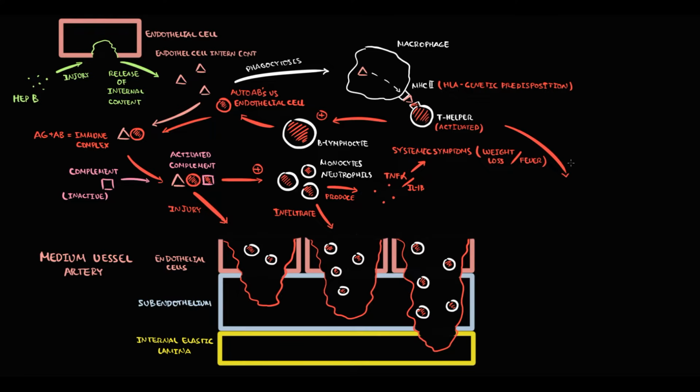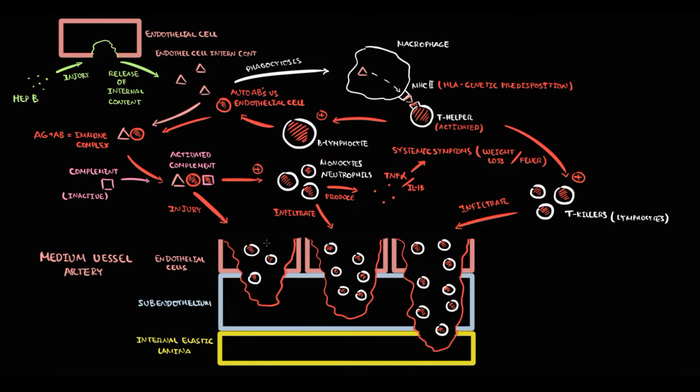Additionally, with activation, T helpers activate T killers, and activated T killers massively infiltrate the affected area, and by this they also potentiate inflammation. In addition to this, with inflammation, permeability of the blood vessel increases, and fibrin from the blood begins to leak into the affected area.